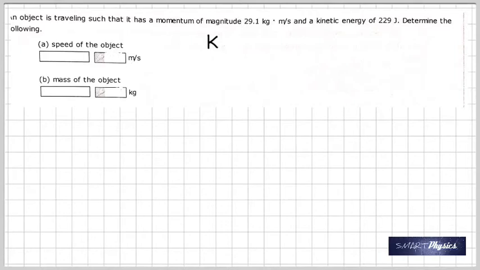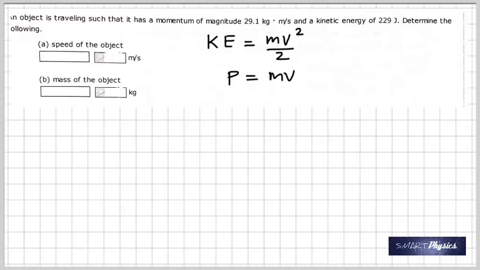Okay, what is kinetic energy? Kinetic energy is 1/2 times the mass times the square of the velocity. And what is momentum? Momentum is the product of mass and velocity. Now, since you have these 2 equations, divide the first by the second. So you're going to divide the equation on top by the equation below.